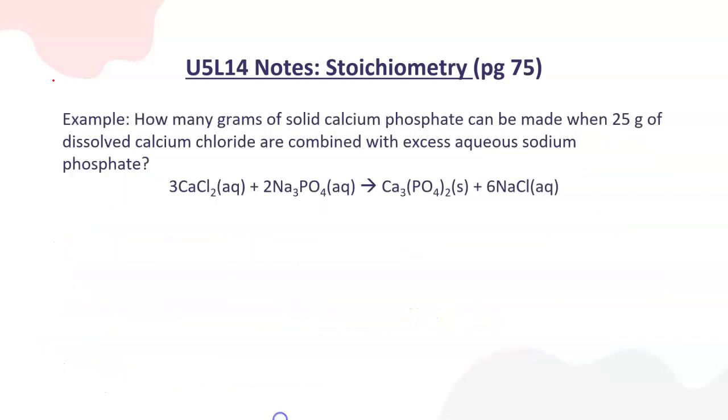Okay, so for this one, we are looking at the BCA table. I will redo this problem for dimensional analysis. So how many grams of solid calcium phosphate can be made when 25 grams of dissolved calcium chloride, so look, that's a number given, so calcium chloride is given, are combined with excess aqueous sodium phosphate.